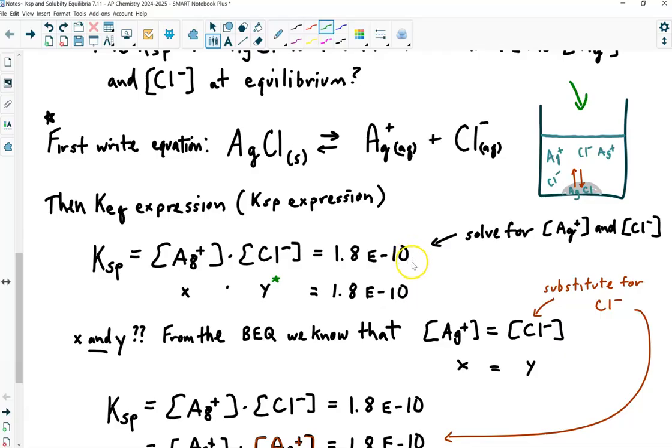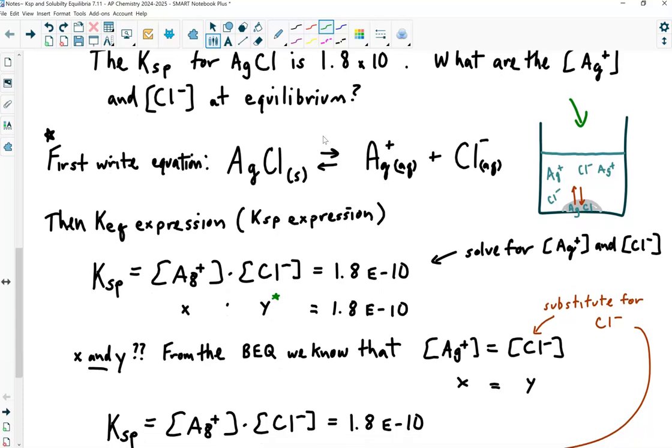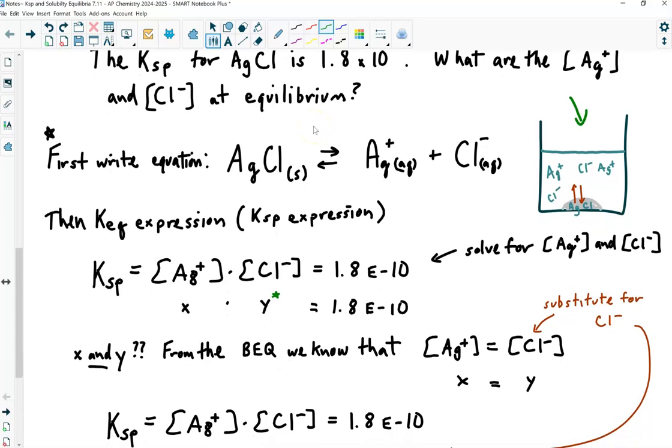And now, how do you find the solubility, or how do you find the concentration of silver ion and chloride at equilibrium, like I asked you before at the top in the prompt? Well, you're going to solve for x and y. Wait a minute. How can you solve for 2 variables, 2 unknowns? Well, they're not 2 unknowns. We know something about x and y.